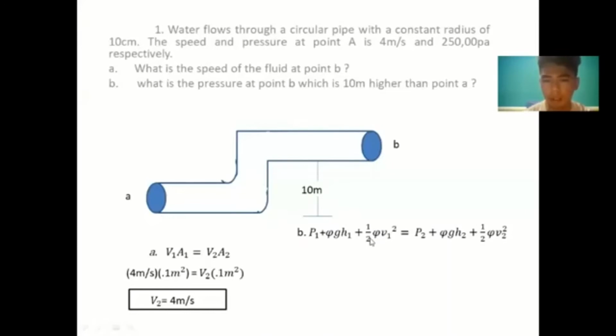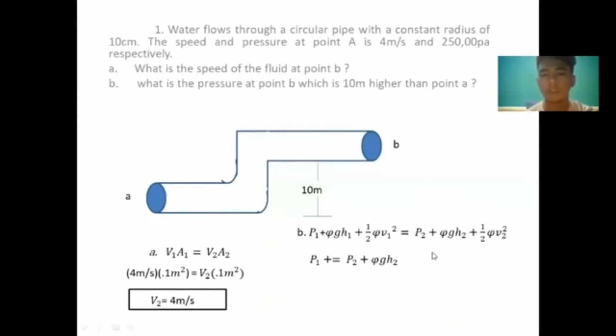So we can cancel this out because this part on the left side is also on the right side. So the only term left is this: pressure 1 equals pressure 2 plus rho g h2.